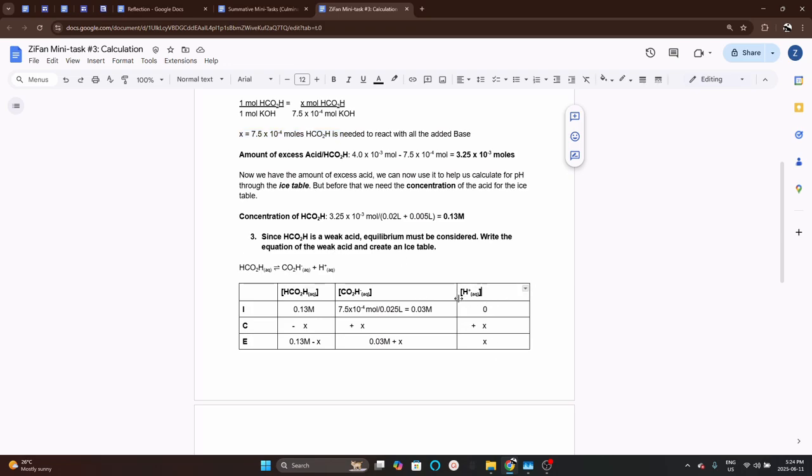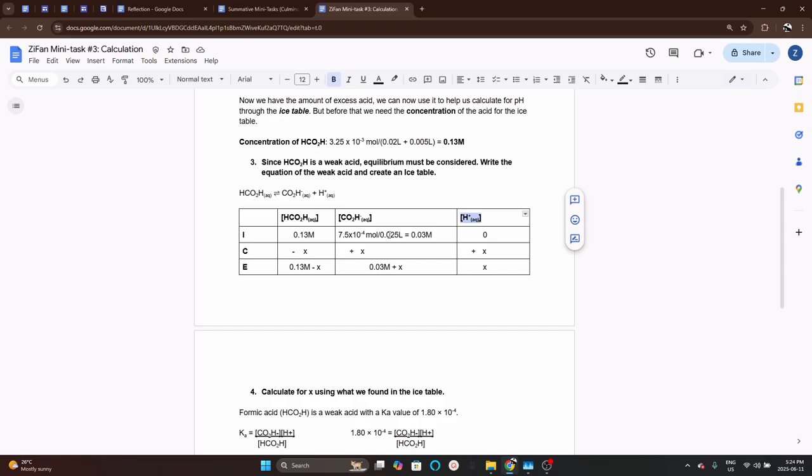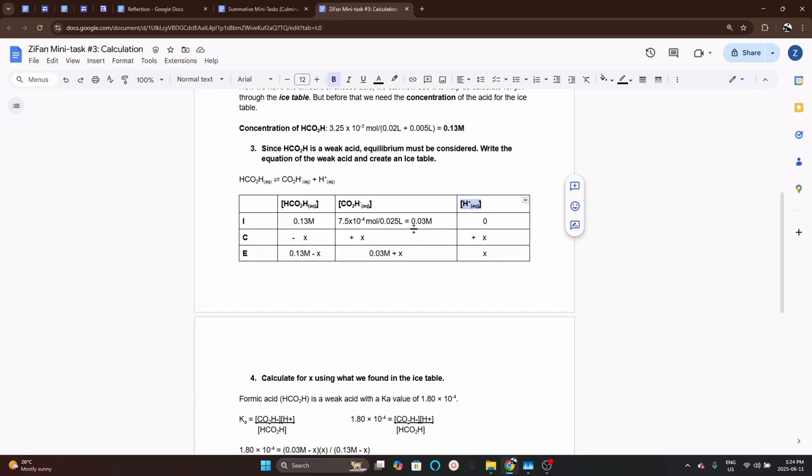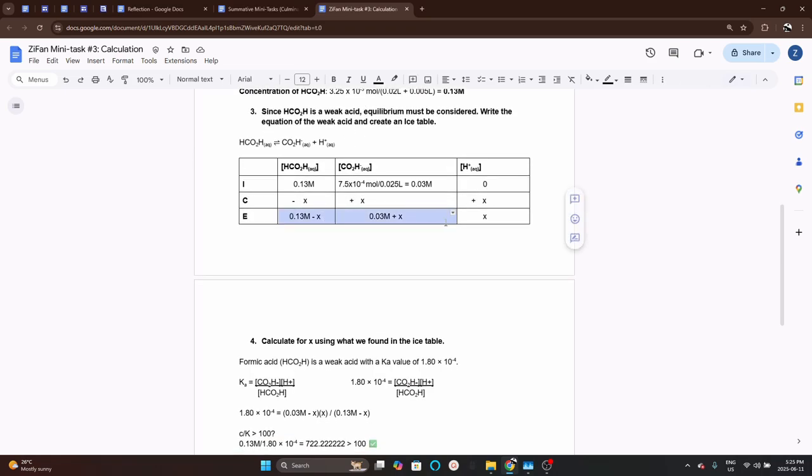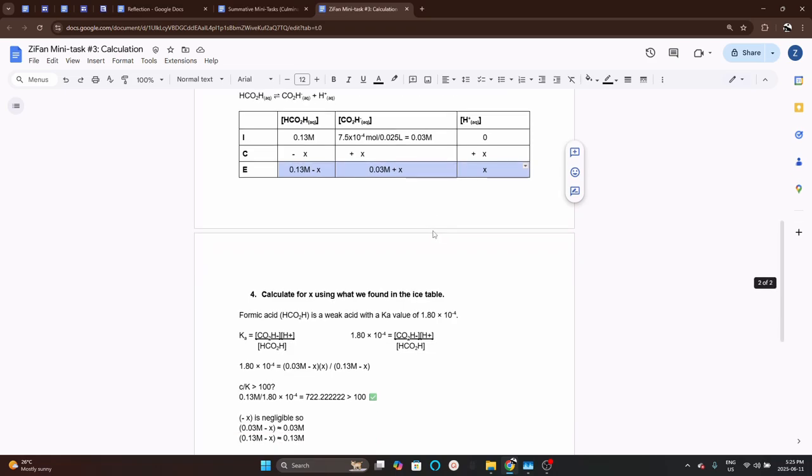And so we will have 0.13 moles per liter for the initial formic acid, 0.03 moles per liter for the formate ions, and 0 for the protons. Minus x, plus x, because there is no coefficient, it's just 1. And we'll come to the conclusion that these are the values.